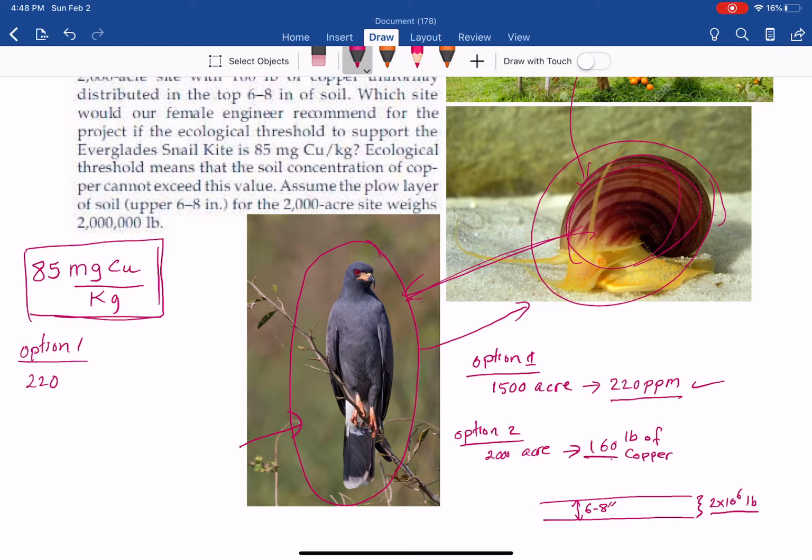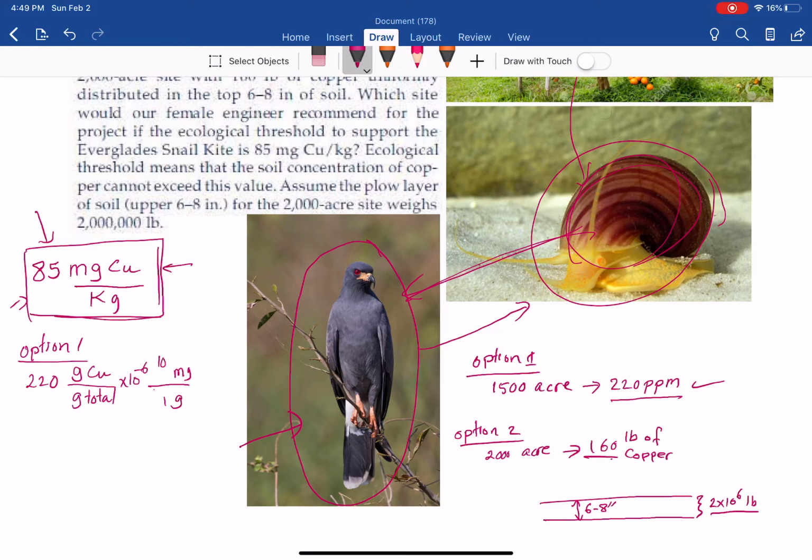What is ppm? ppm means gram Cu over gram total soil times 10 to the 6. Remember, we multiply by 10 to the 6 to make it ppm, but now we are converting ppm to gram per gram, so we multiply by 10 to the minus 6. We want to compare to the standard, so we convert to milligram per kilogram.